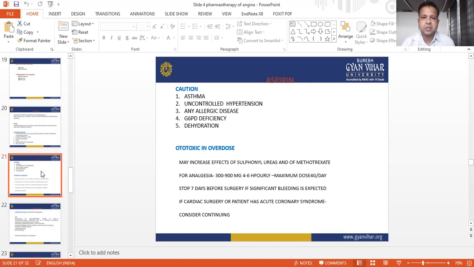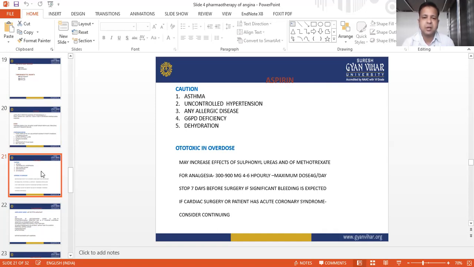Cautions during aspirin administration are: asthma, uncontrolled hypertension, any allergic diseases, G6PD deficiency, dehydration. Ototoxicity in overdose. May increase effects of sulfonylurea and of methotrexate.